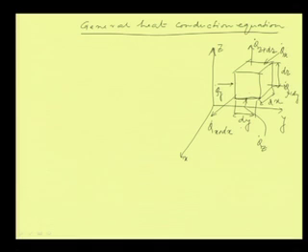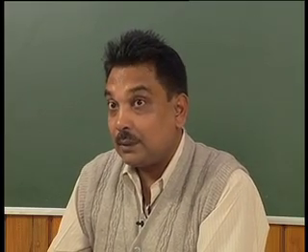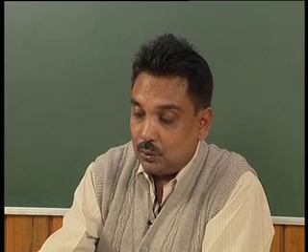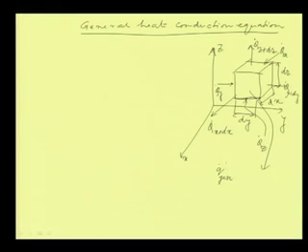At the same time, we can have heat generation within this volume element, and we will say that q dot gen is the rate of heat generation per unit volume. So, what is the volume of this element?